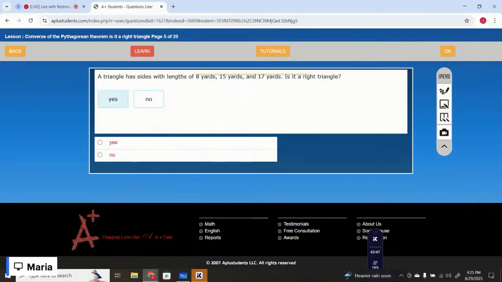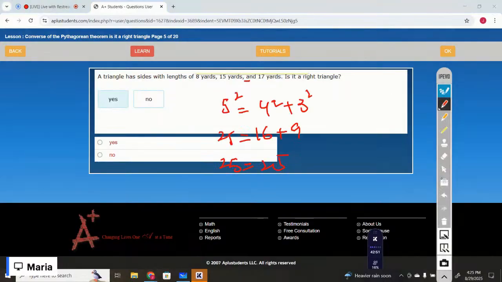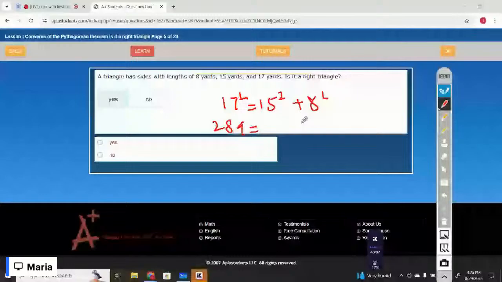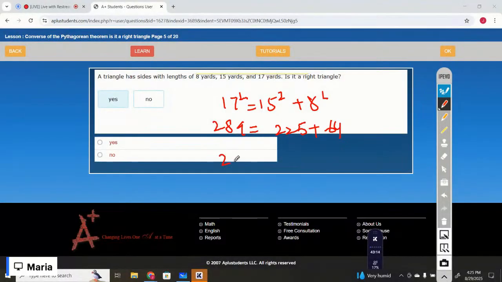A triangle has side lengths of 8 yards, 15 yards, and 17 yards. Is it a right triangle? So 17 squared equals 15 squared plus 8 squared. 17 squared is 289, 15 squared is 225, and 8 squared is 64.